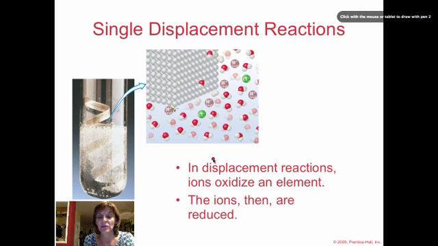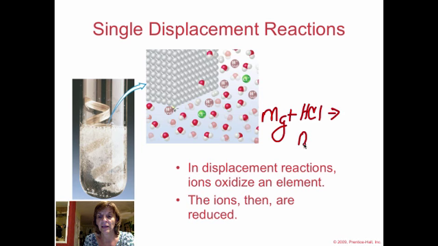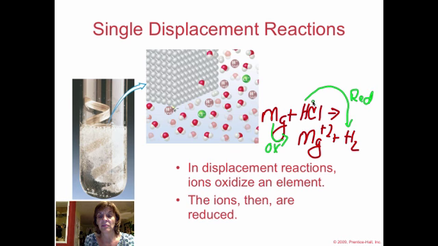So you'd have magnesium plus HCl to give you magnesium ions after it has lost electrons, thus being oxidized, plus hydrogen gas by the hydrogen gaining electrons, being reduced, because the hydrogen went from a +1 to a 0.